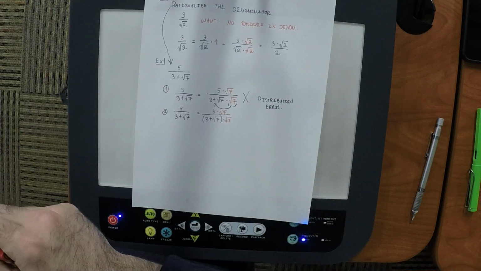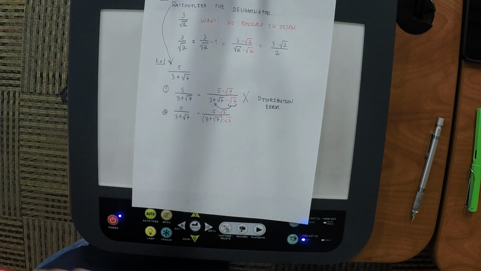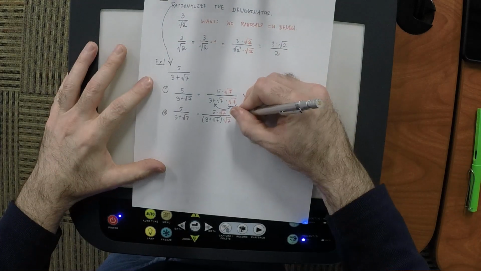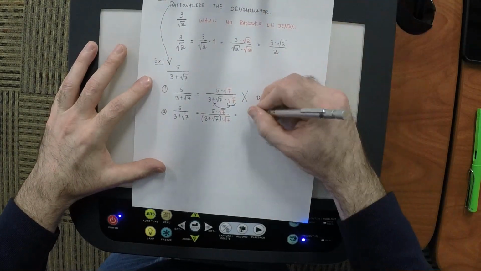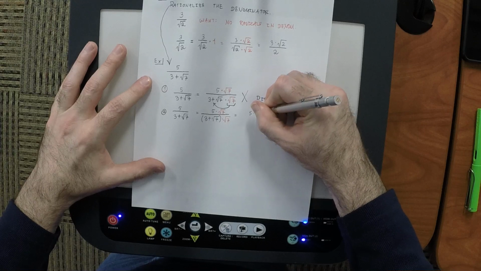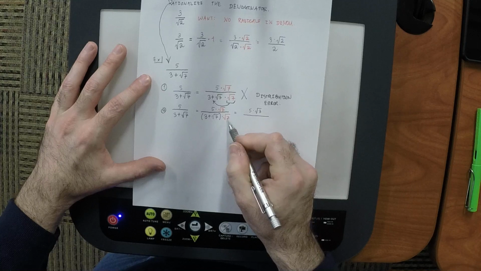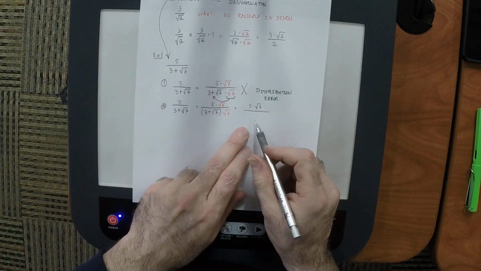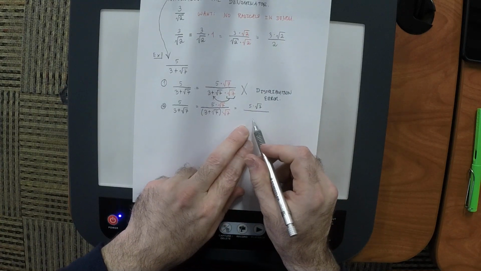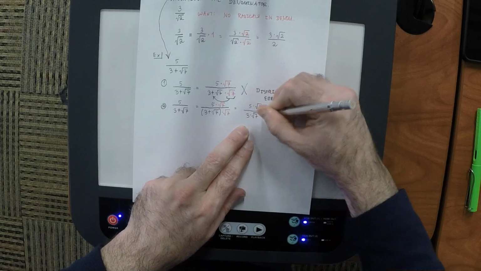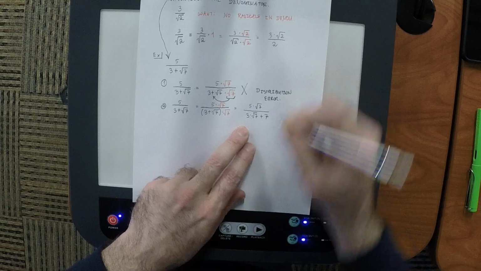Okay, so now I've done something that's mathematically correct. But now I want you to observe what happens. So then the numerator is as simple as it gets, 5 square root 7. And then when we actually distribute the square root of 7, then what do we have? Right, 3 square root of 7 plus 7.